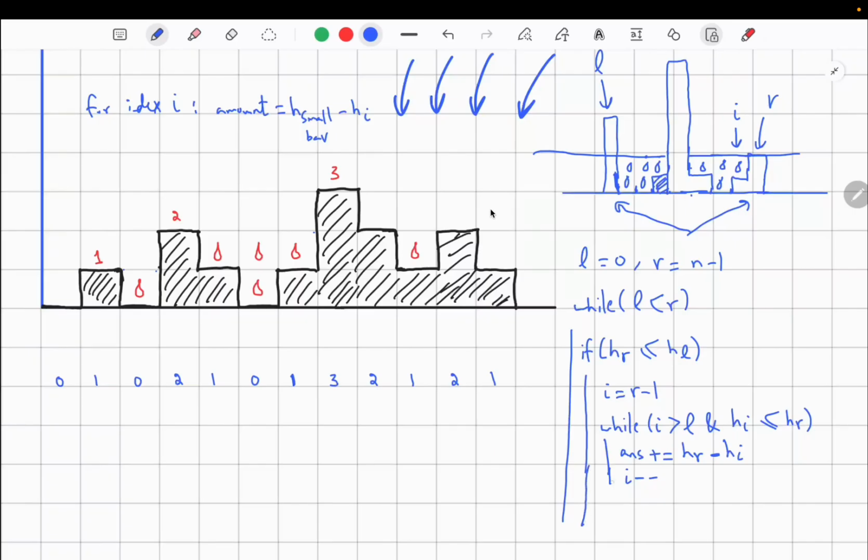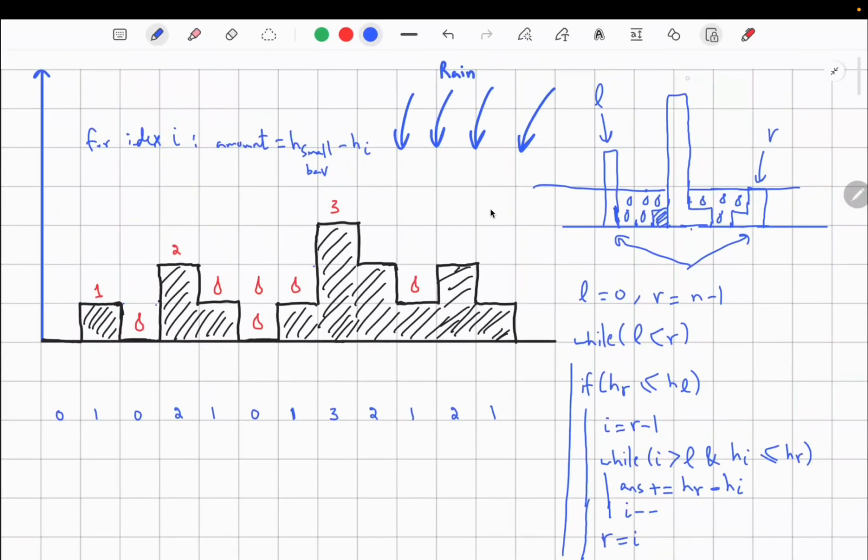And what happens after this while? After this while is done, we should move R, the right, to the position where I is now. So here if we look at the diagram, I was initially here, and then will become here, and then here, and then here. When it becomes here, this condition right here, height at I less than or equal to height at R, is no longer true.